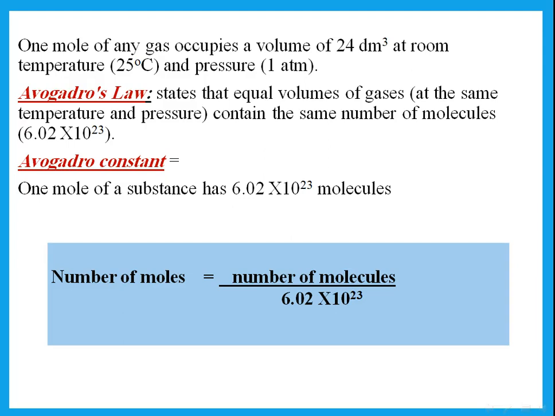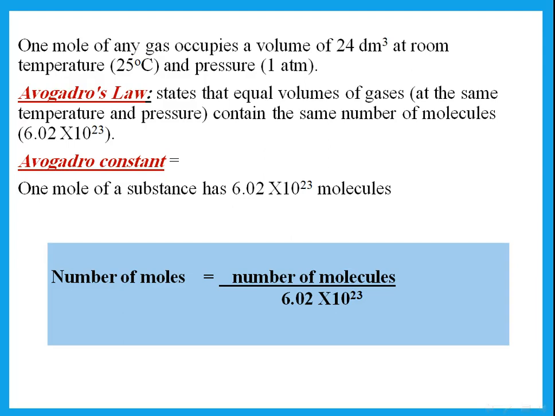That's number of moles. And 1 mole of a gas occupies 24 decimeter cubed. But if I have 1 mole of something, let's say 1 mole of a gas, what is the number of molecules in it? Or 1 mole of a substance in any case.